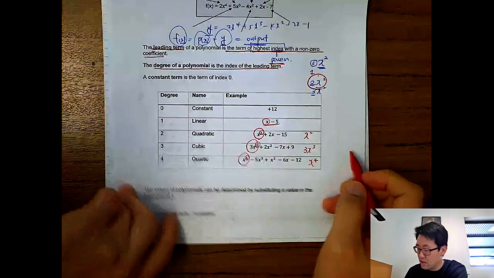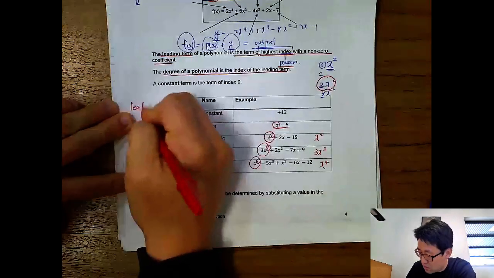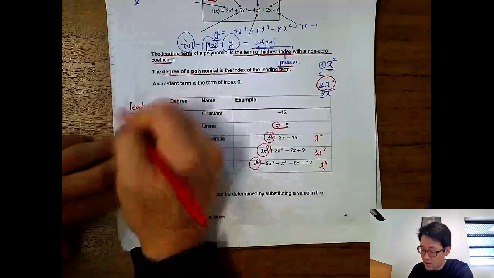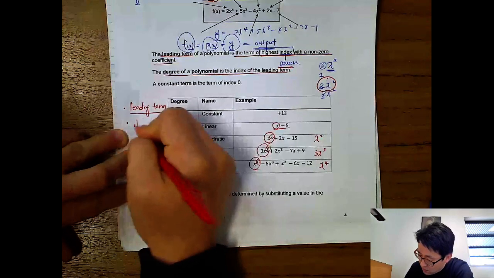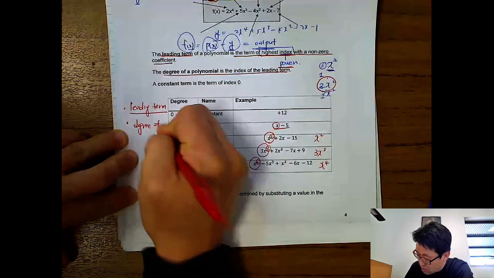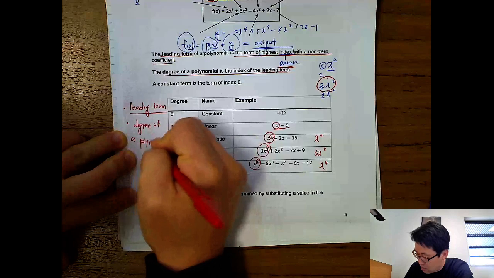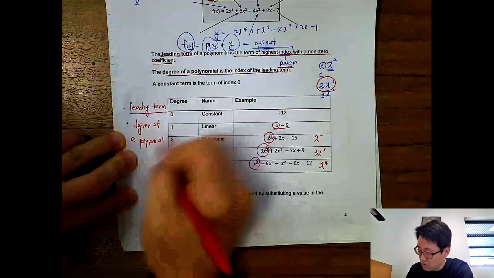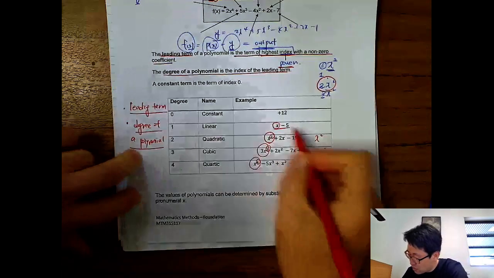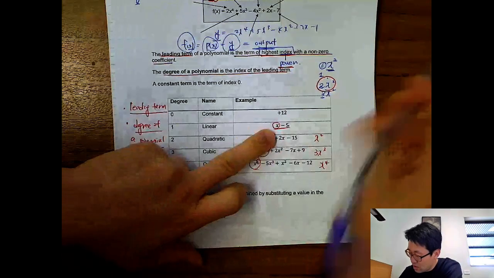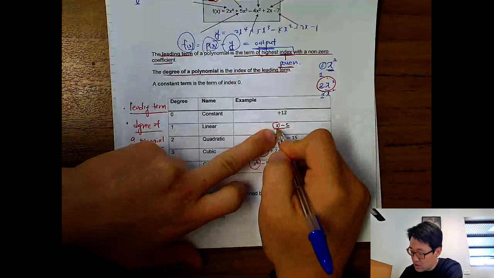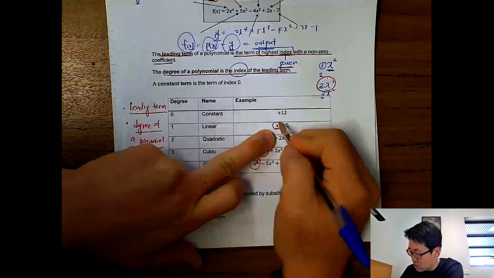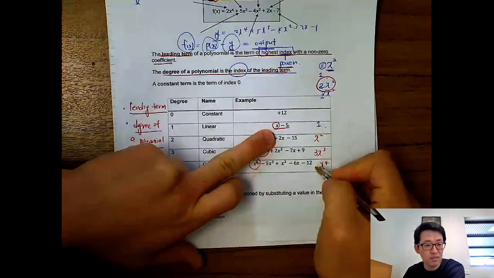So do you understand what the leading term is? You must know what the leading term is. You need to know the terminology. And then the degree of a polynomial, which is a function. Degree of function, same thing. For this, you go to the leading term and check the power index of the leading term, which is 1, isn't it? So the degree is 1.